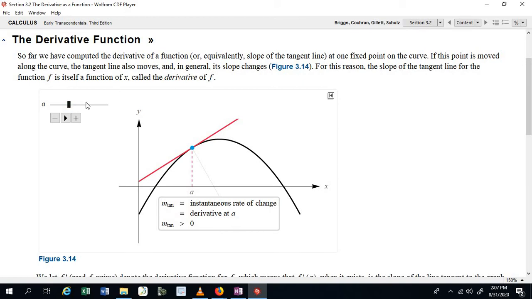Okay, now if you move this fixed point to a different location, so maybe over here, then of course the derivative at a is different. You can see the slope of this tangent line is actually negative. And so what we want to do is come up with a function which describes the derivative at any point in the domain of this function, f of x.